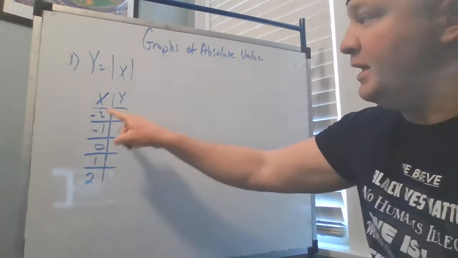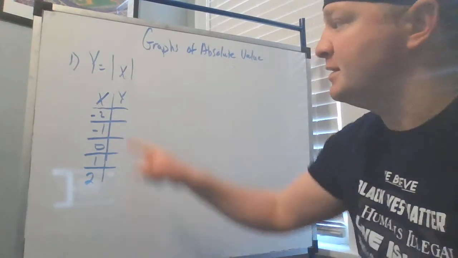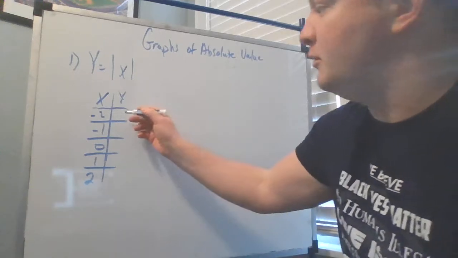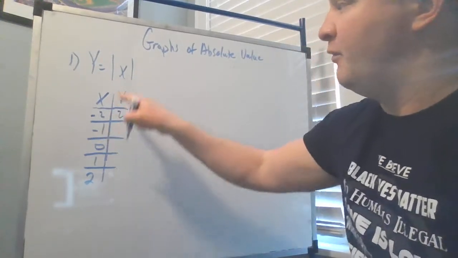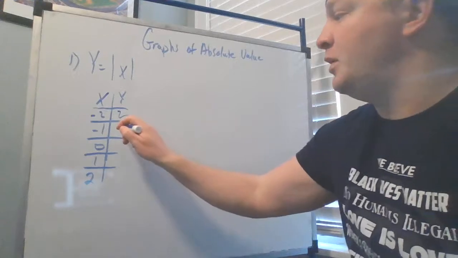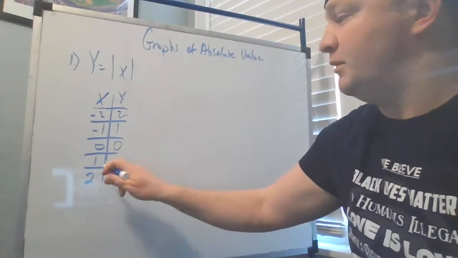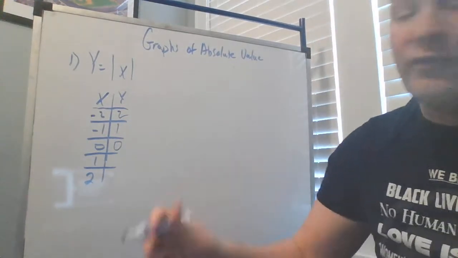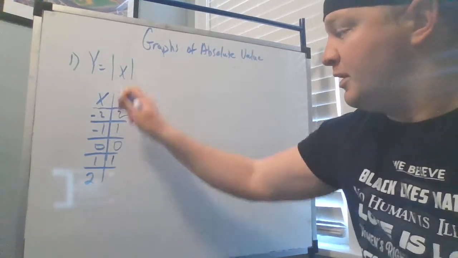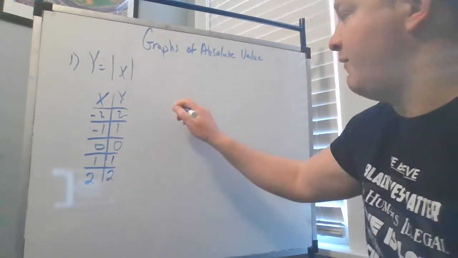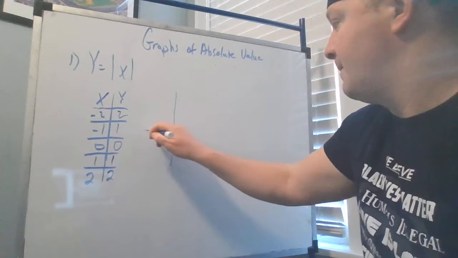So when I put -2 in place of x, the absolute value of -2 is 2. When I put -1 in place of x, the absolute value of -1 is 1. Well, 0 gives 0. When I put 1 in place of this, the absolute value of 1 is 1. When I put 2 in there, the absolute value of 2 is 2. Now I graph this. Okay?